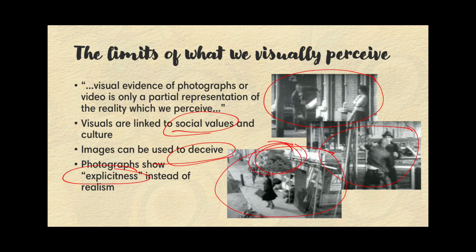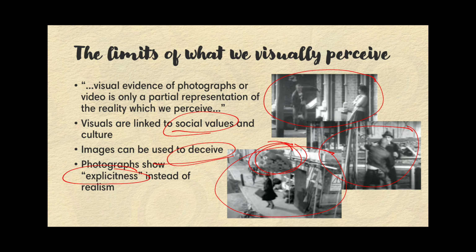So again, that gives us the idea, or that kind of solidifies or supports the argument that images can deceive. Images only express a certain level of explicitness, and this explicitness is controlled by the one holding the camera, right? An event can happen, but when it's captured by a certain photography device or a video filming device, it can tell different stories.